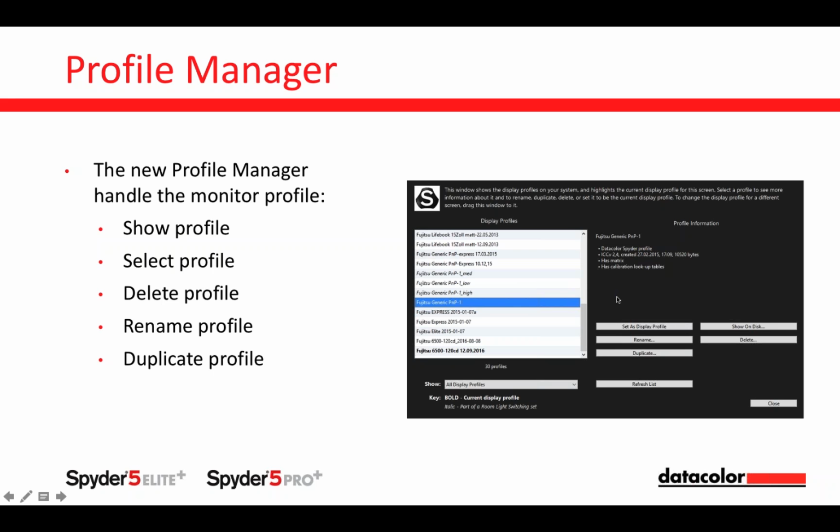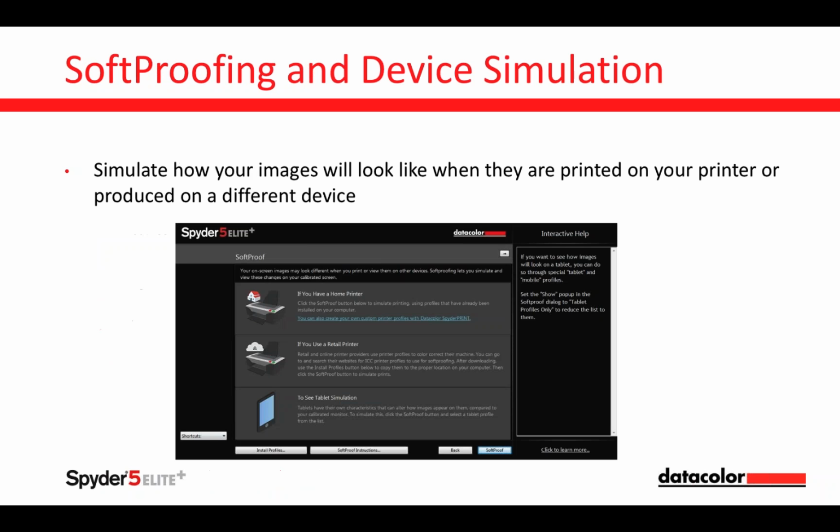Then John also mentioned the soft-proofing and device simulation. Soft-proofing, device simulation? What can that be? It's this here. It gives you the option to simulate your own printer right on screen.